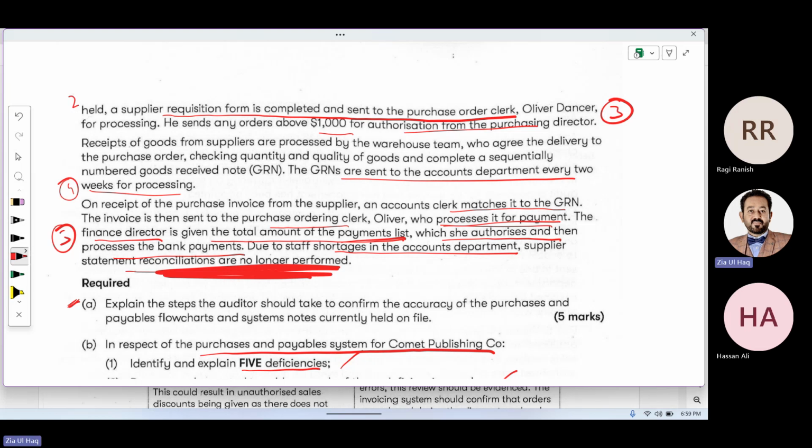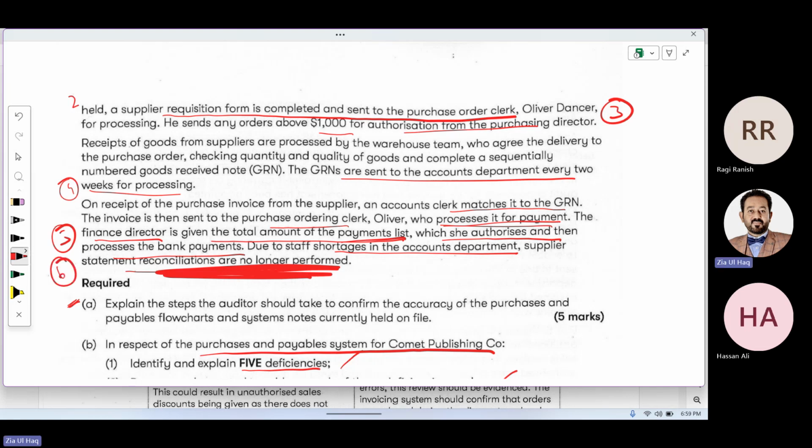So what should be the control? The finance director should cross cancel the supporting document while authorizing the payment. What we need to do is select a sample of payments authorized from the payment list, and take evidence by comparing with the supporting document to ensure whether it is cross cancelled or not.